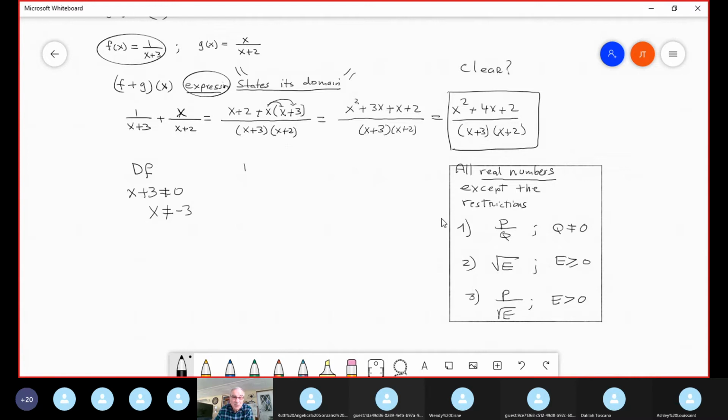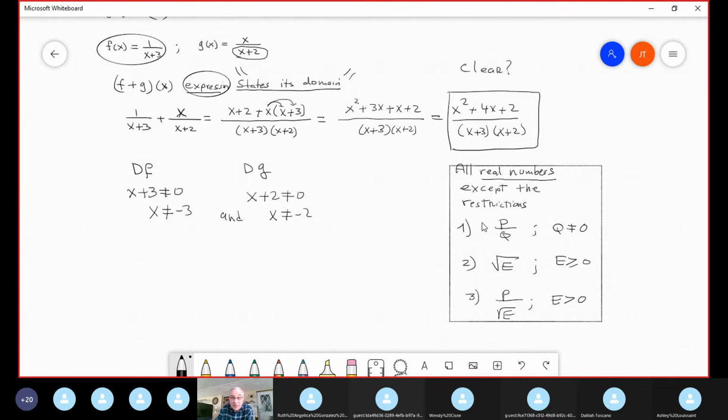Likewise, domain of g is, you take the expression at the bottom, which is x plus 2, non-zero. So what's the answer? Well, the answer is the domain of this, which is the combination, both restrictions together.